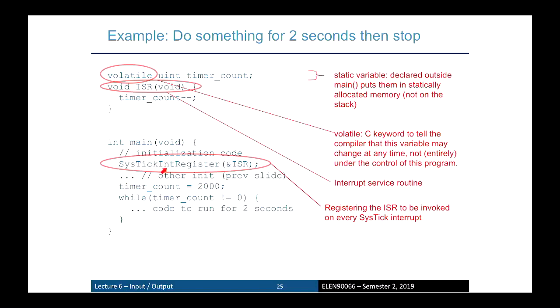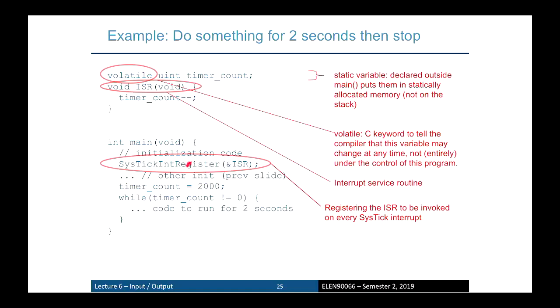So here, let's look at the main function. This line here is a built-in function as part of the ARM code that you get, which registers this function, ISR. That's the address of that function, because the function will live at a memory location, right? It's a bunch of instructions in memory.